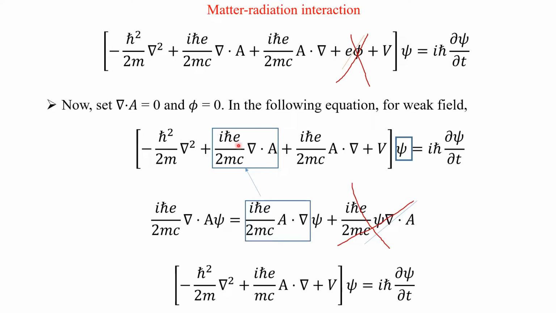Here, you are getting the del operation on two variables, A and ψ, so we are not taking ψ out for the other terms. So naturally you will get iħ e/mc A·∇ plus V acting on ψ, which is equal to iħ ∂ψ/∂t.